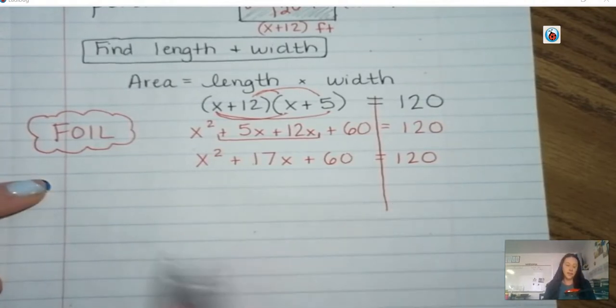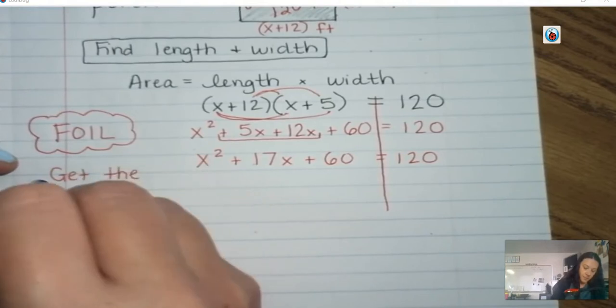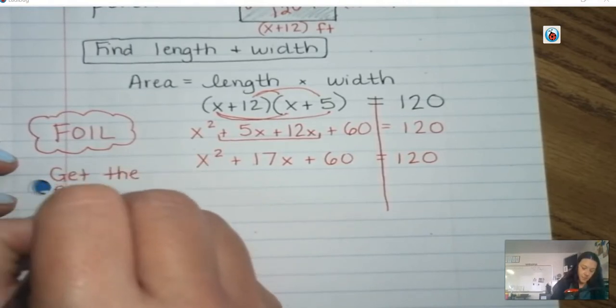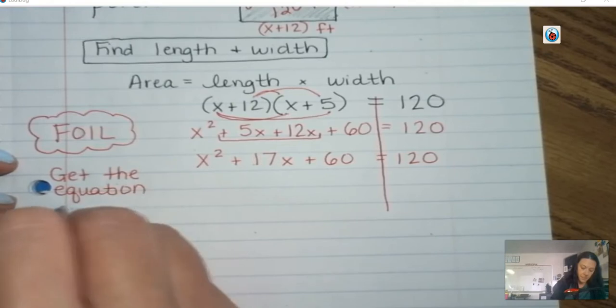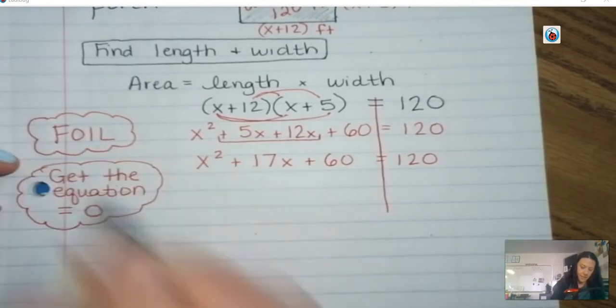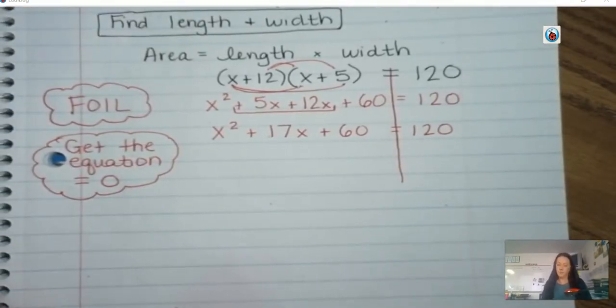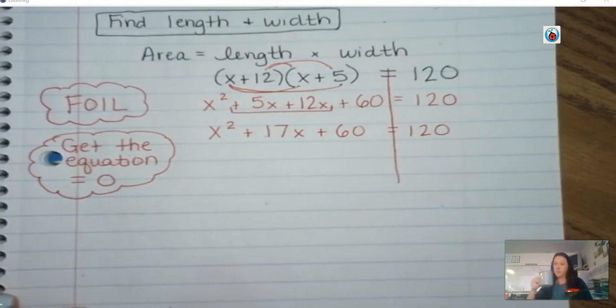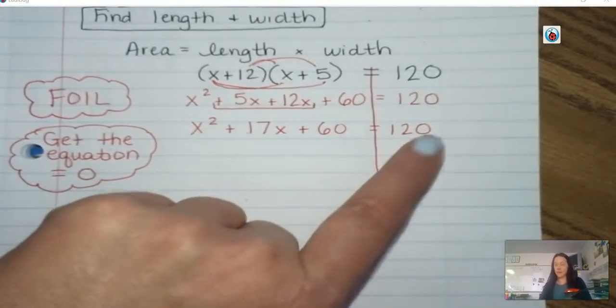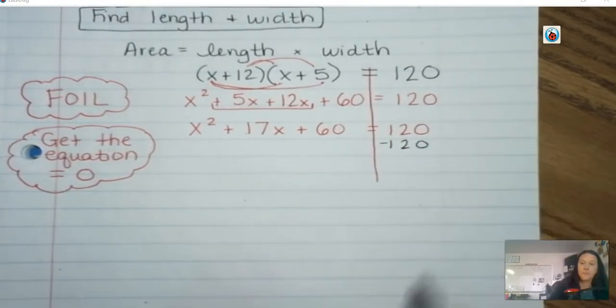Now the next step is to get the equation equal to 0. Right now it says 120. So to get it equal to 0, I'm going to subtract 120.